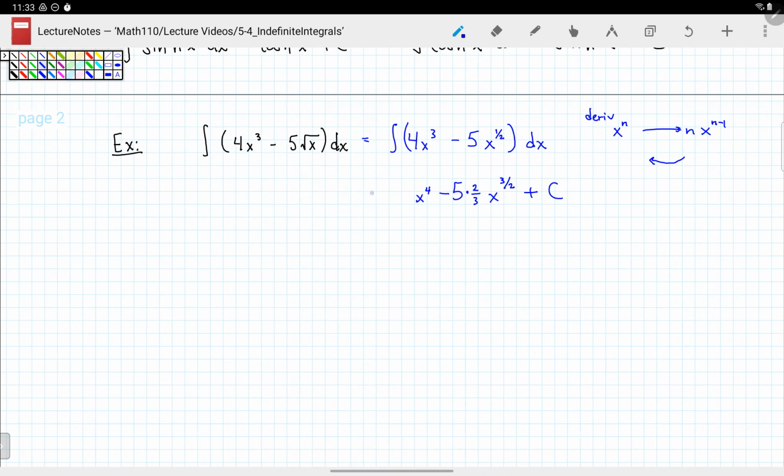And now I'm going to clean this up. So this is x to the 4th minus 10/3 times x to the 3/2 plus a constant.